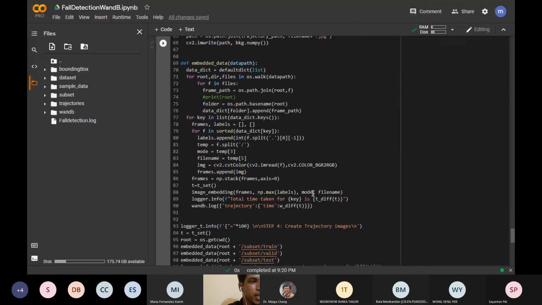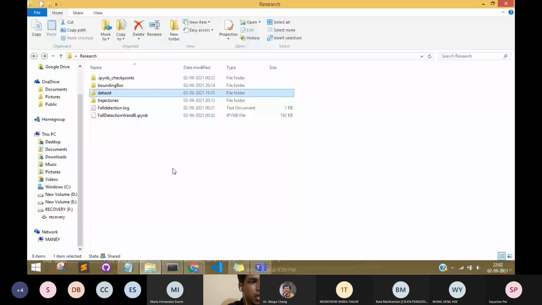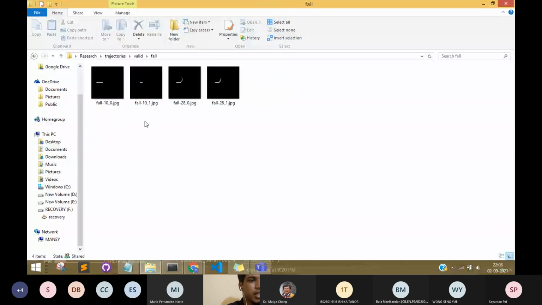After the motion trace, I'll be storing that in the trajectories folder. You can see that on the black screen, I'll be drawing the motion trace of the video.